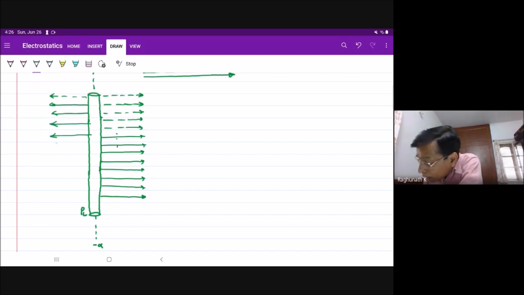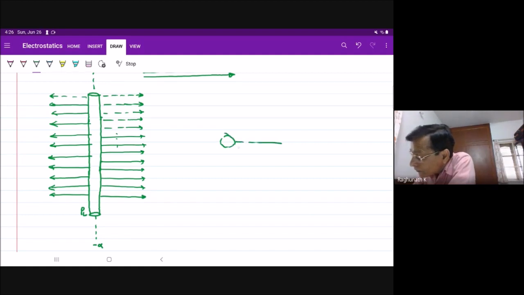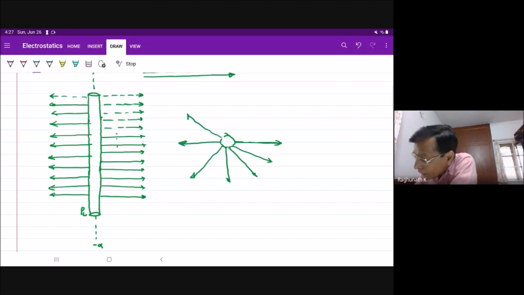The front view of the flux lines created by this charge are like this. Appear to be uniform. No, it is not uniform because the top view of it will be like this, correct? Field lines are going like this. Are you comfortable with this statement? Please check. These are all really very important statements that you should know.